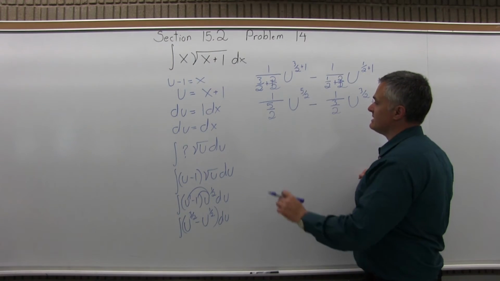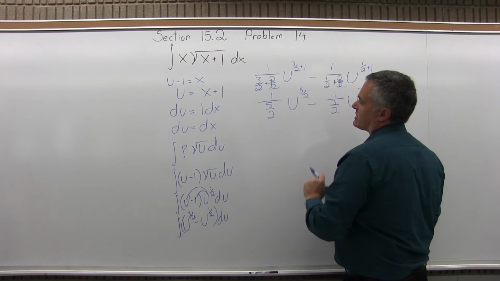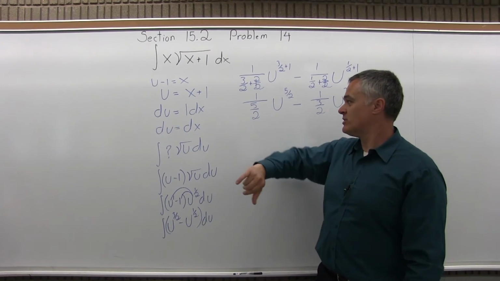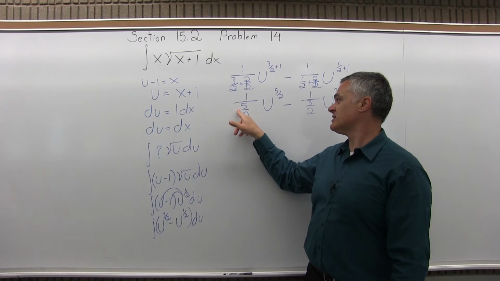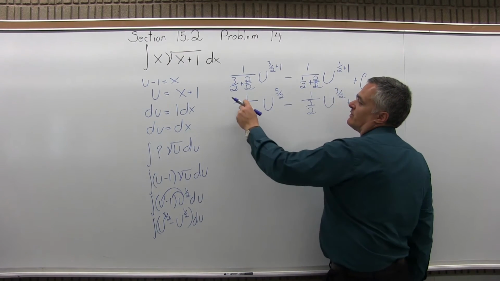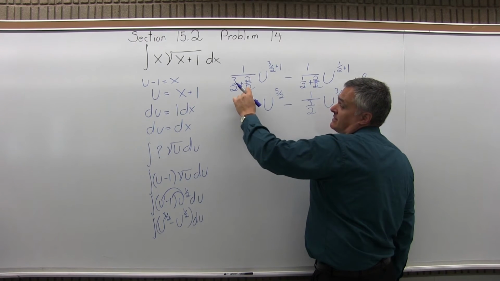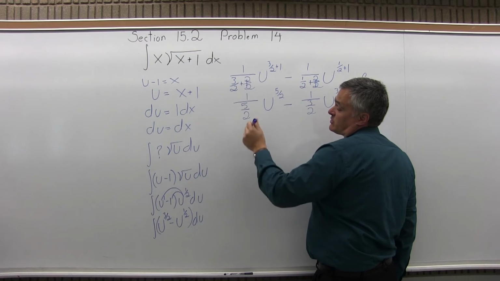In two places, I have a fraction in the denominator of a bigger fraction. To clean that up, I'm going to invert the fraction that's in the denominator and multiply times the top. So the 5 halves, when it's in the denominator, flips to 2/5 times the 1 on the top. 2/5 times 1 stays 2/5.